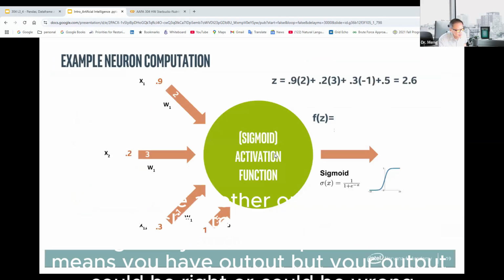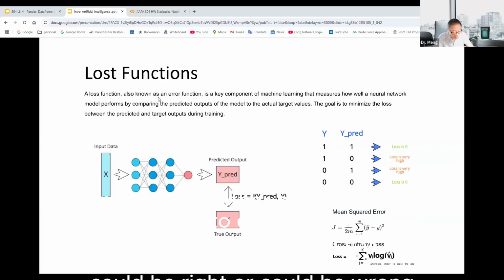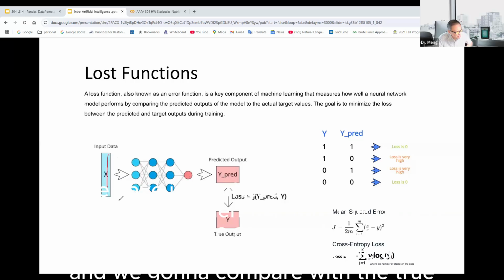The next slide describes the whole thing. If you do that process, that means you have an output. But your output could be right or could be wrong. Now our view is here. Instead of looking at just one of the neurons, we look at the whole thing. We have input, these are the neural networks, and then we have the output layer.